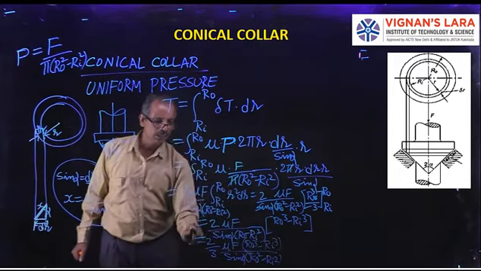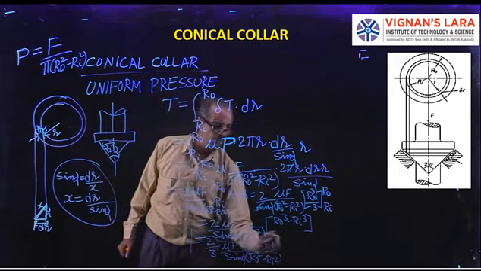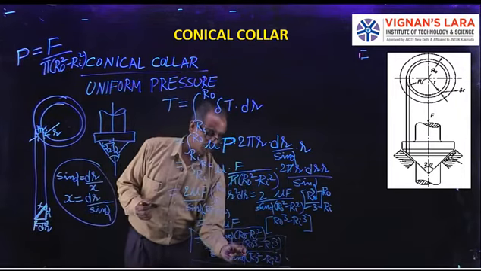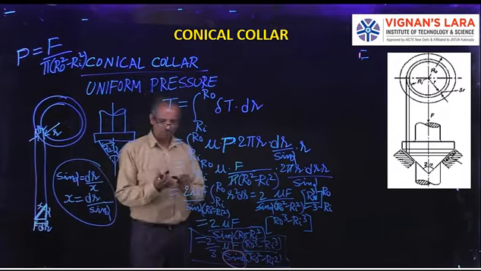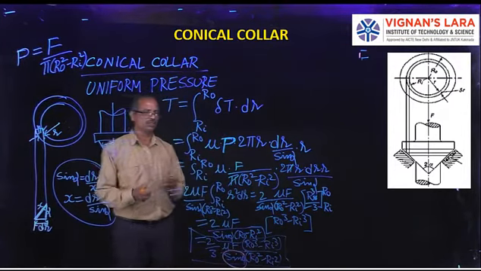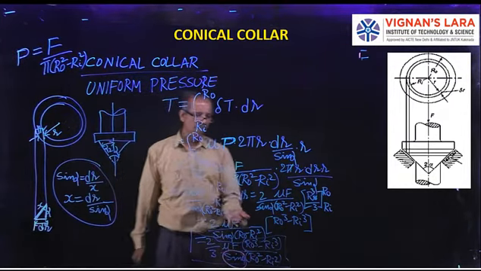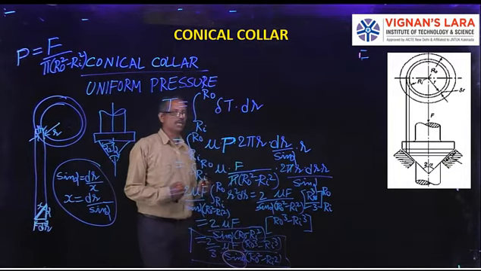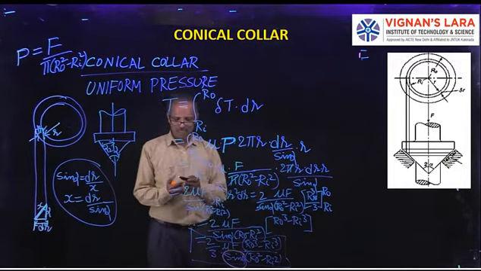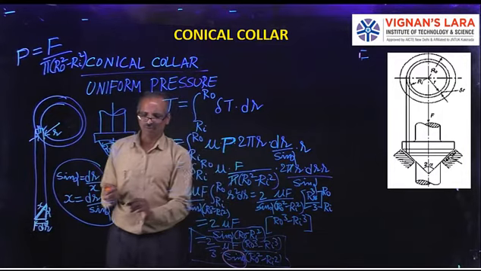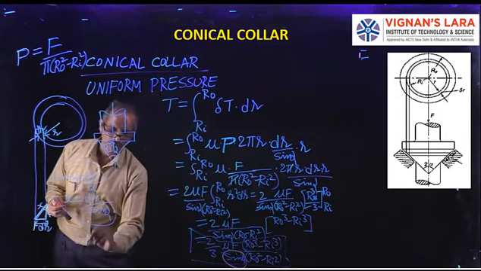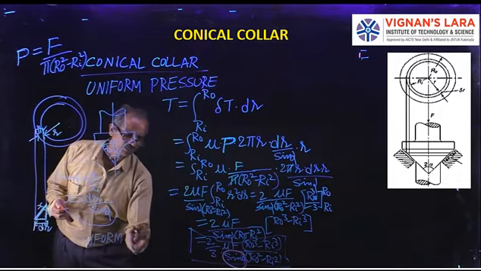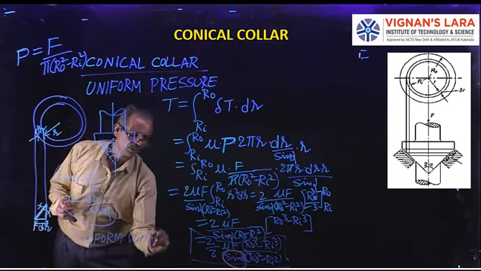So you can see there is no difference in the equation except that 1 by sine alpha newly came into the equation. That is 2/3 mu F by sine alpha into (R naught cube minus Ri cube) by (R naught square minus Ri square). Similarly, if you do it for uniform wear theory, there is not much difference.